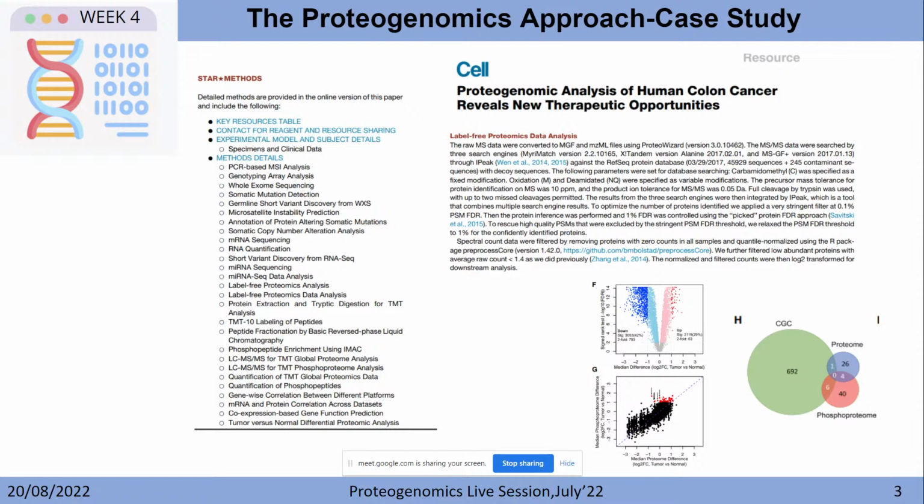Here you can use different techniques. They converted the data to MGF and mzML files. mzML is a freely accessible data format that can be accessed by different software. Using that, you now understand that they need a protein database.